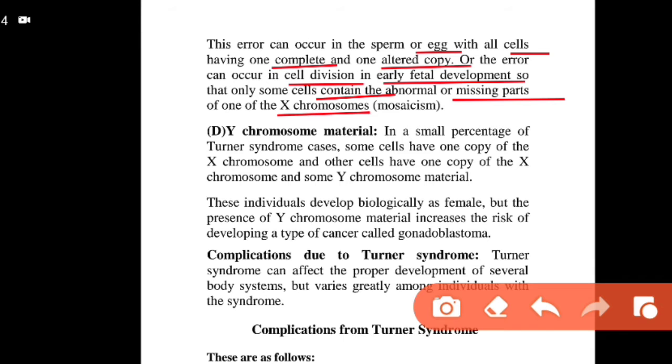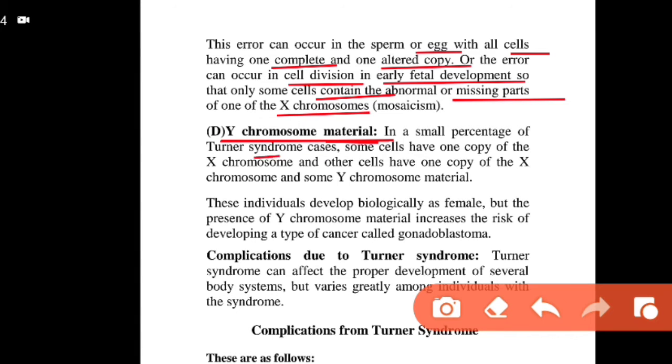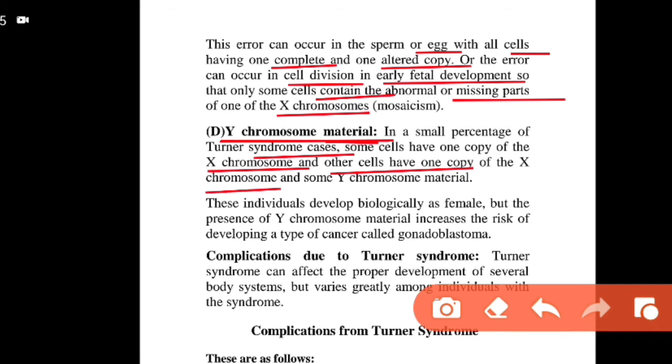The next is Y chromosome material. Y chromosome material is also responsible for this syndrome. In a small percentage of Turner syndrome cases, some cells have one copy of the X chromosome and other cells have one copy of the X chromosome and some Y chromosome material.